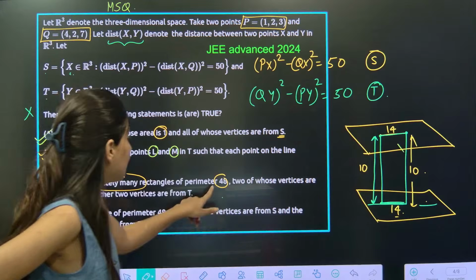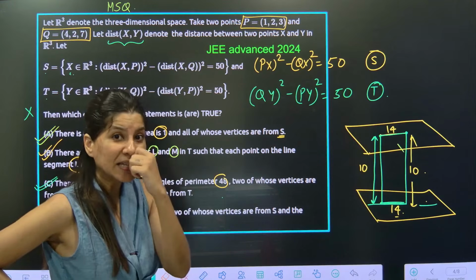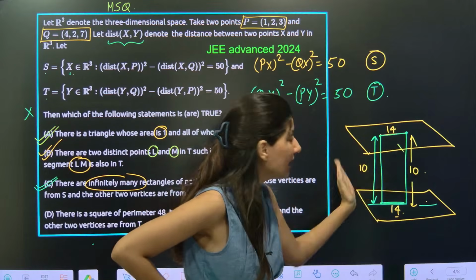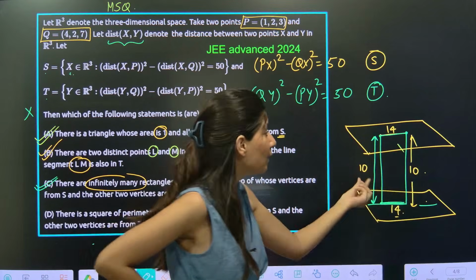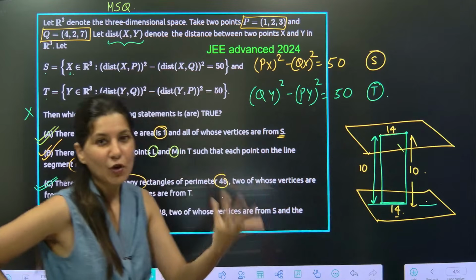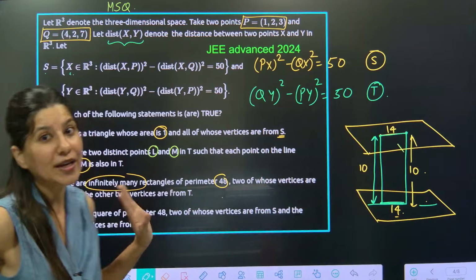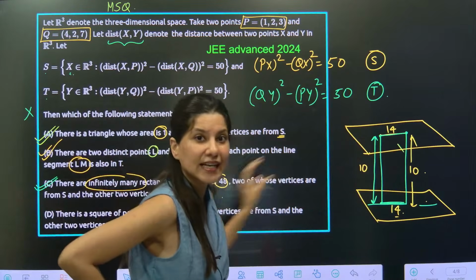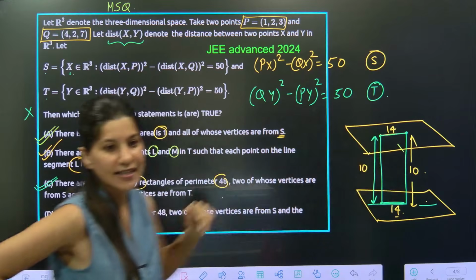Why? Because with perimeter 20, how will you create it? The distance between two planes is 10, so you get 20 just by adding two lengths. So the breadth will be 0. Breadth cannot be 0, so no rectangle will exist. But right now, the data is given in such a way that it exists.